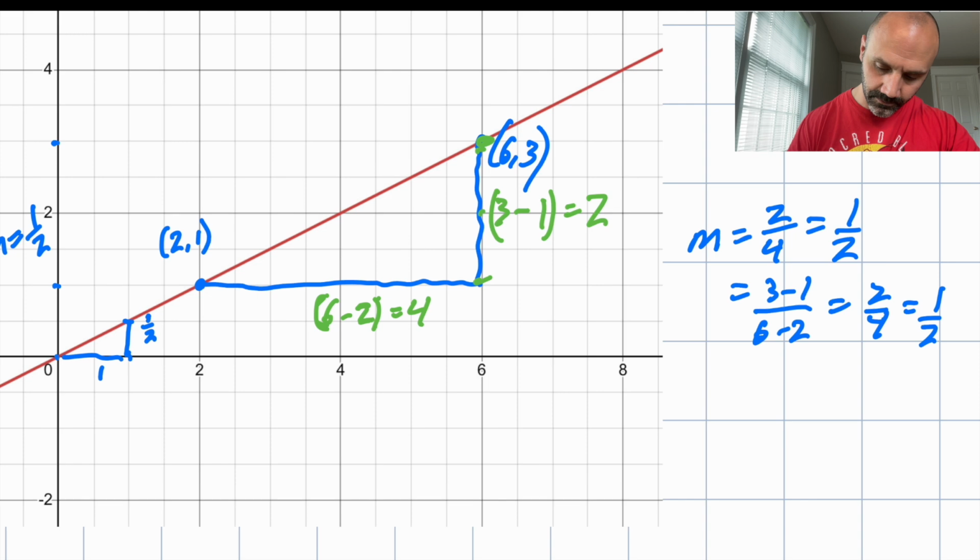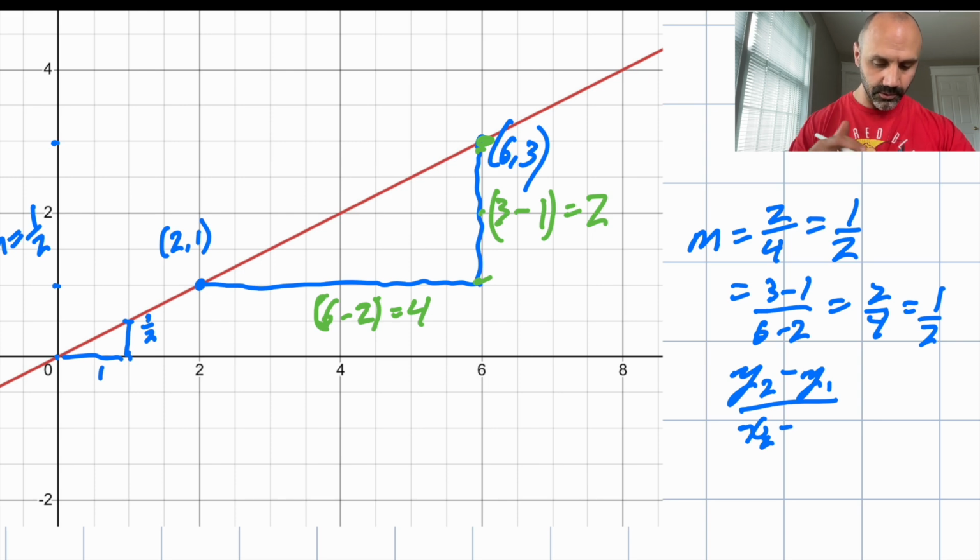So that is y2 minus, and then the 1 was the y-coordinate of what we call the first point. So y2 minus y1. And then the 6 is the x-coordinate of the second point, minus the 2, which is the x-coordinate of the first point. And so this is the formula for slope.